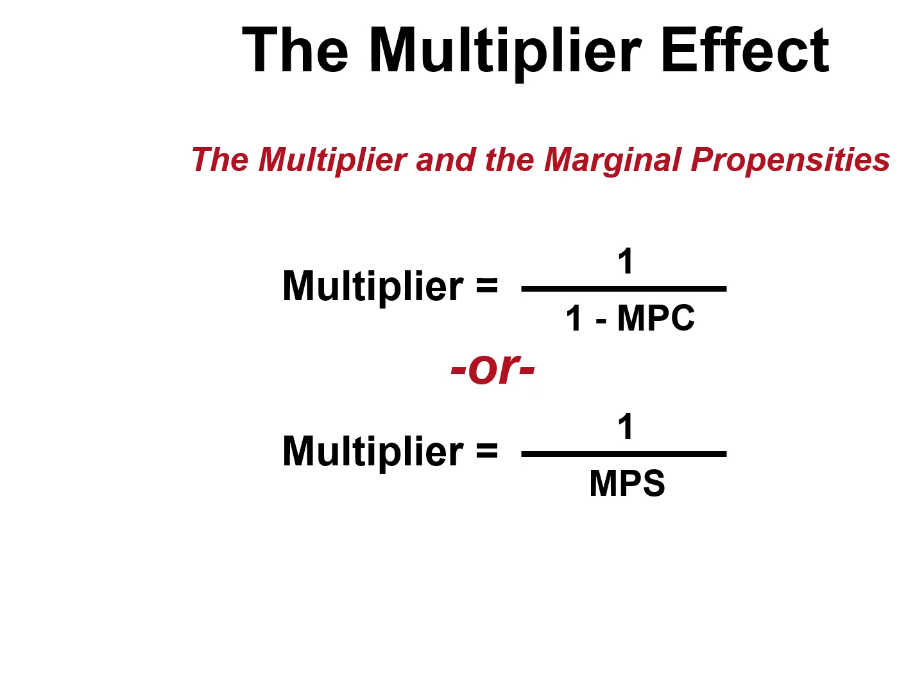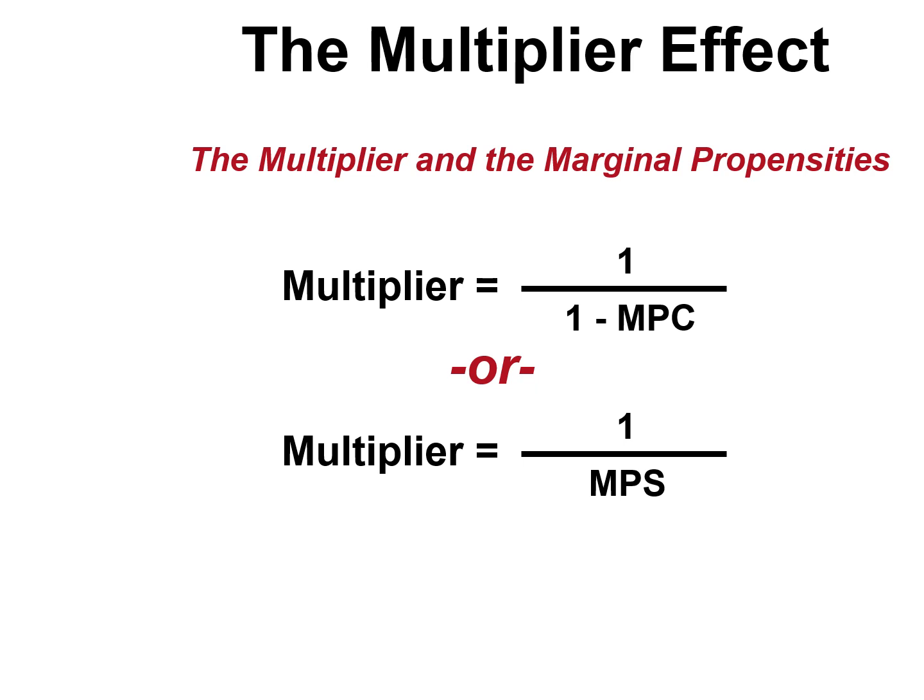If the marginal propensity to consume is 0.75, the marginal propensity to save must be 0.25. If the MPC is 0.8, the MPS is 0.2. Given either one, we can calculate the size of the multiplier. Remember, total change in GDP equals the initial change in spending times the multiplier.